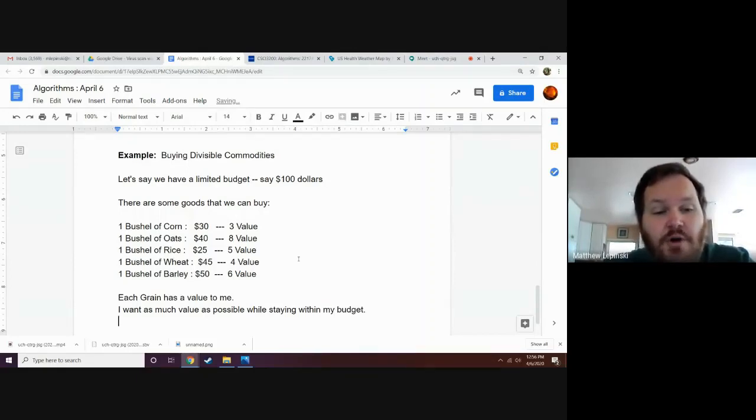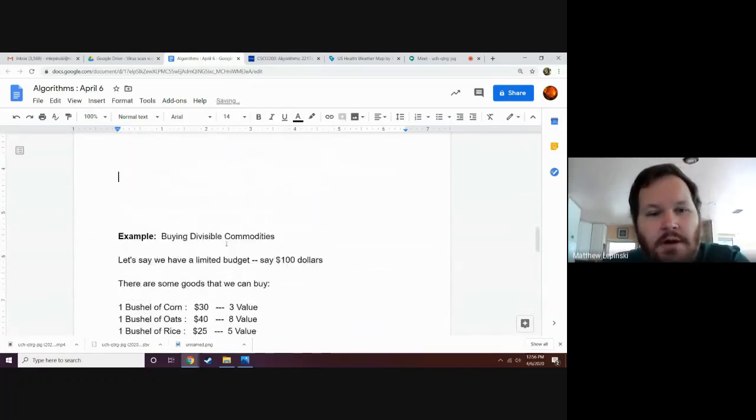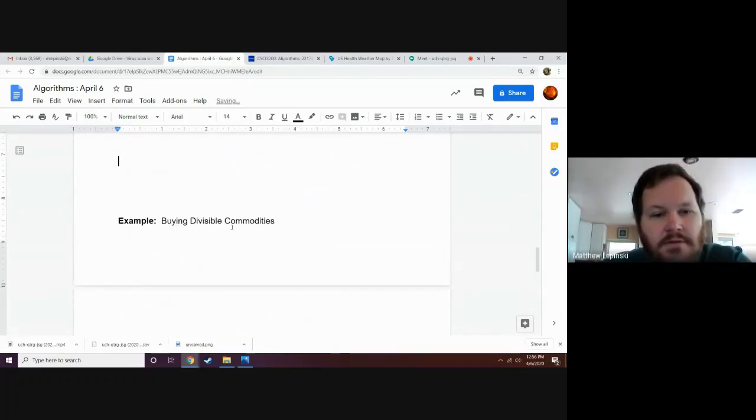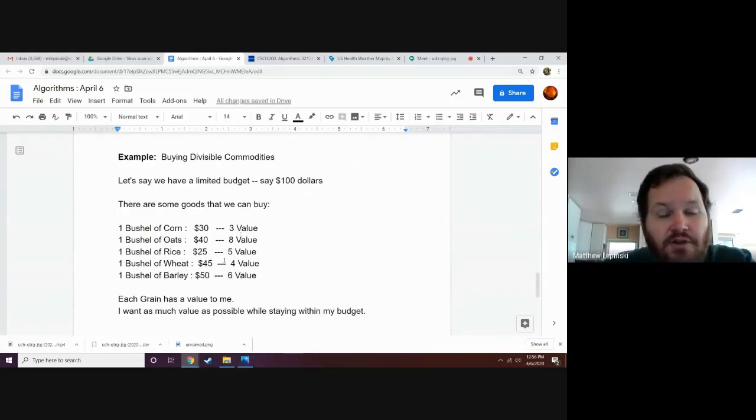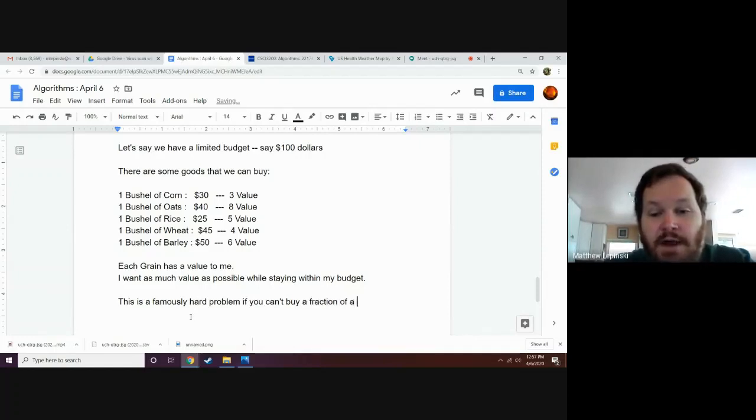Okay, so it turns out that this is a famously hard problem if you can't split, if you can't buy a fraction of a bushel.